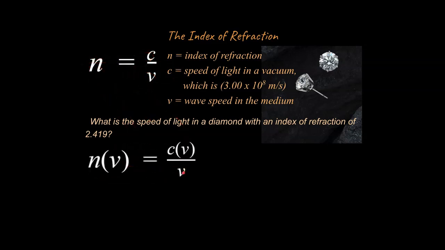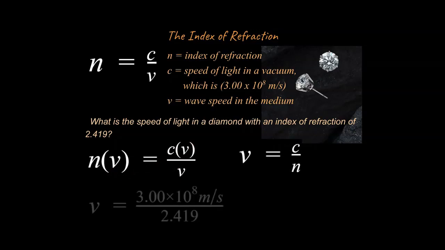Since the v value is unknown, and we want to get this v by itself, the first step for the algebra is this: if we have something in the denominator, we multiply both sides by that thing in the numerator. The reason for that is so we can cancel it out and we're left with v in the numerator. That's what I've done right here.